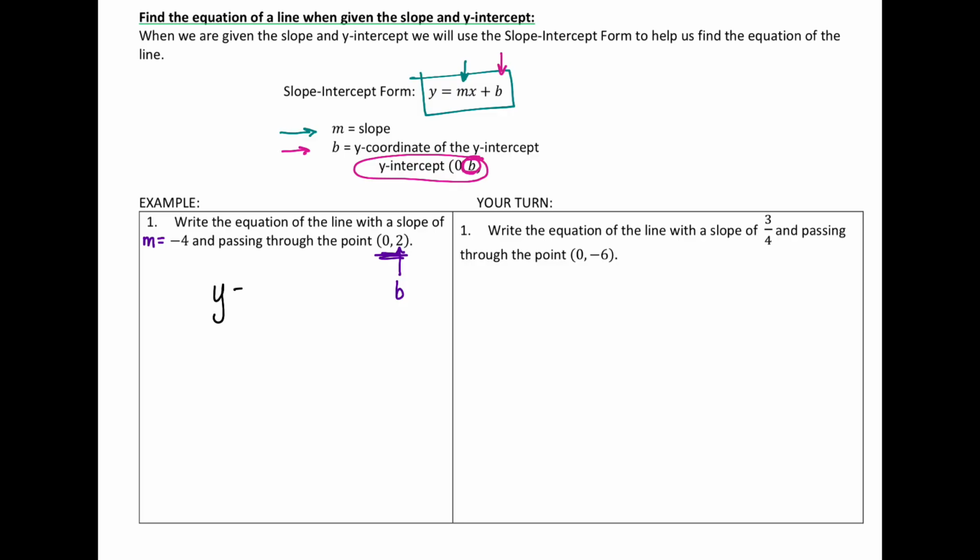So when you write the formula on your first step, you substitute in the values you're given and create the equation. So y equals -4x + 2. You're done. That's it. Okay, try yours.